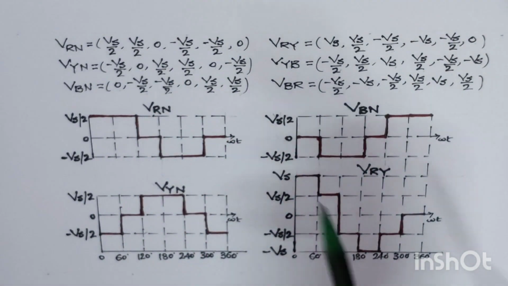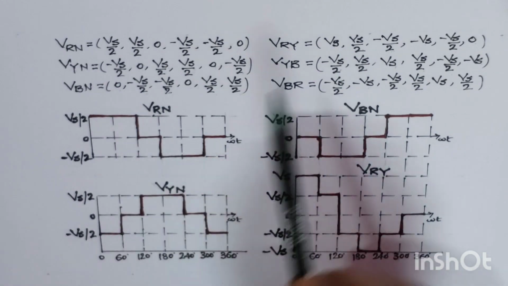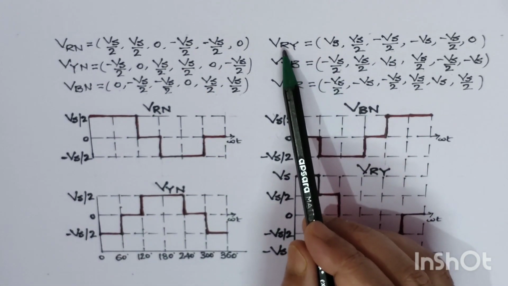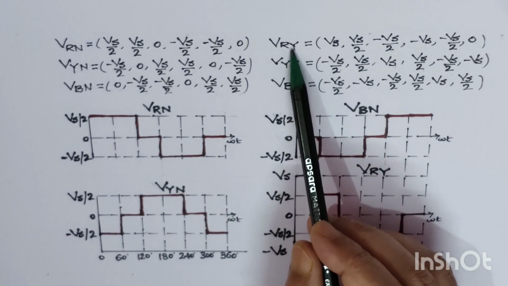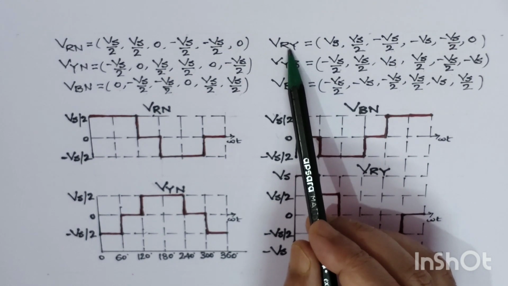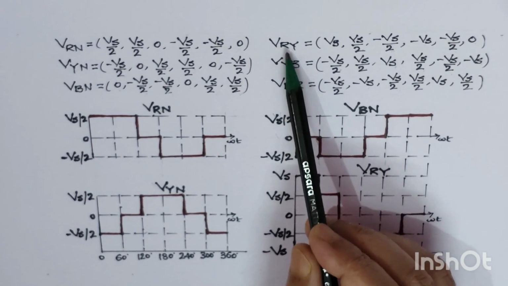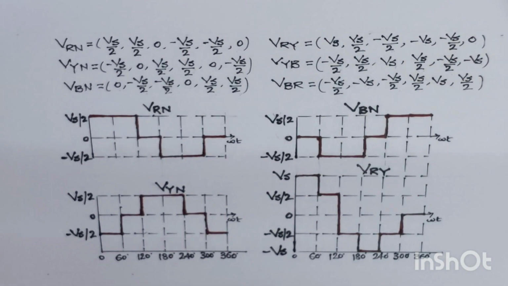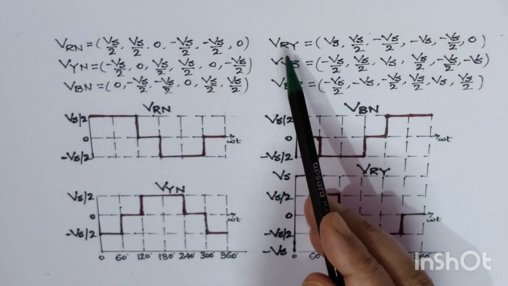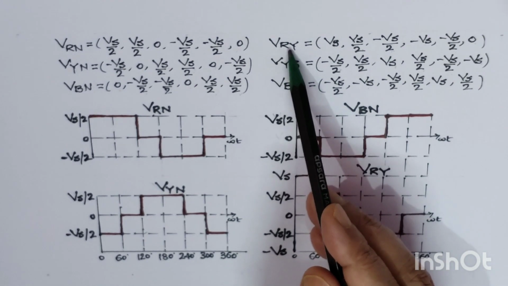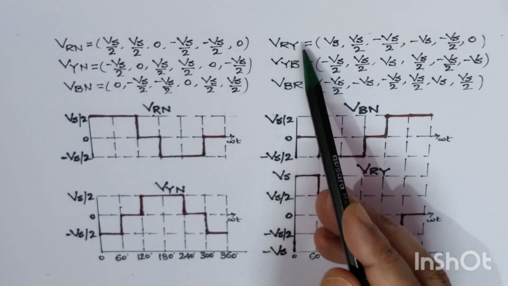Now we will find out the line to line voltage. Here we have written VRY, that is the voltage between line R and line Y, that's why it is called VRY. To calculate this value, we can write voltage VRN minus voltage VYN.